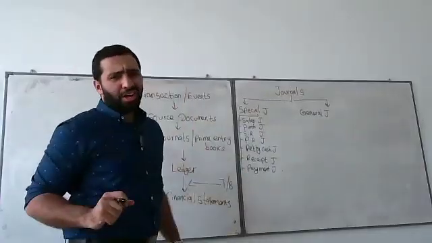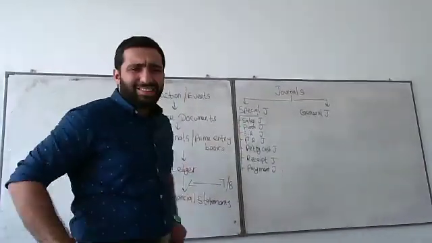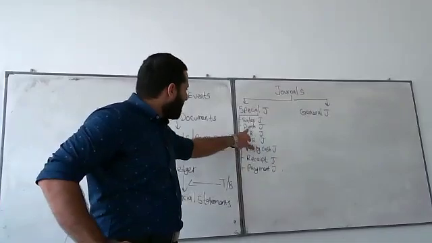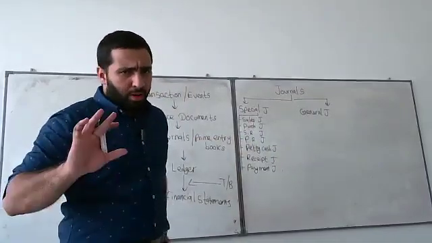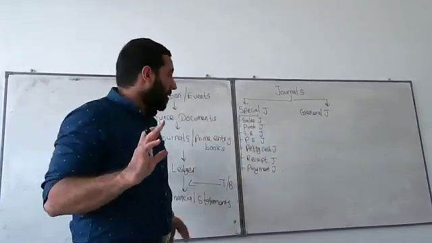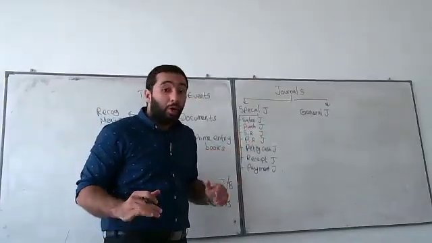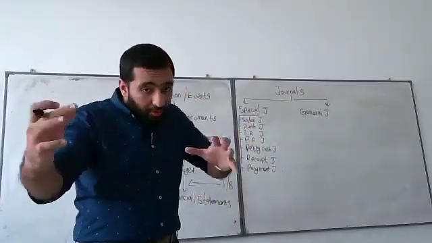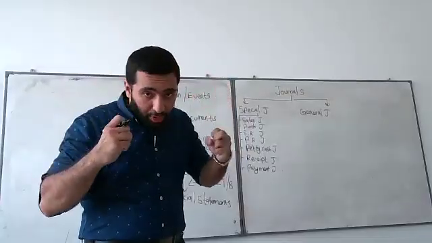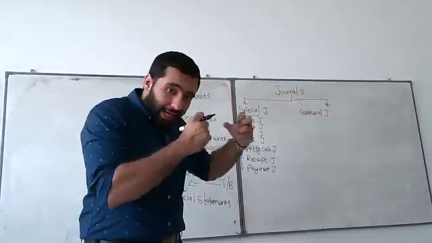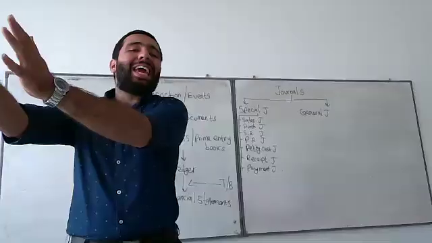Now you may be wondering what to record in the sales journal and what to record in the purchase journal. Listen carefully, very important. In the purchase journal, you record whatever goods or services you buy on credit for resale purposes.